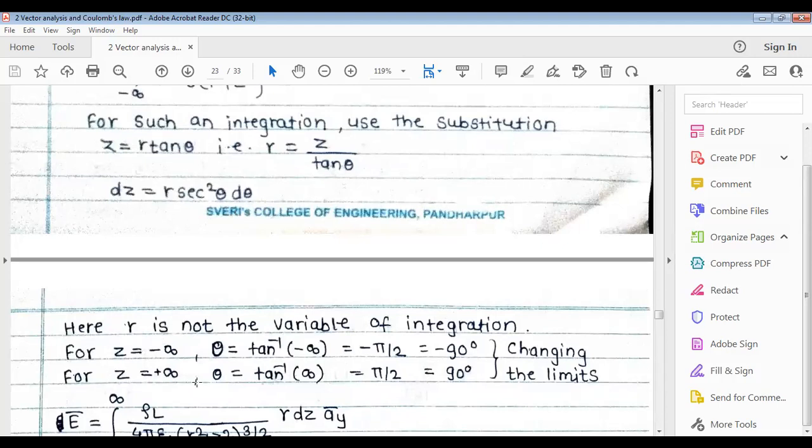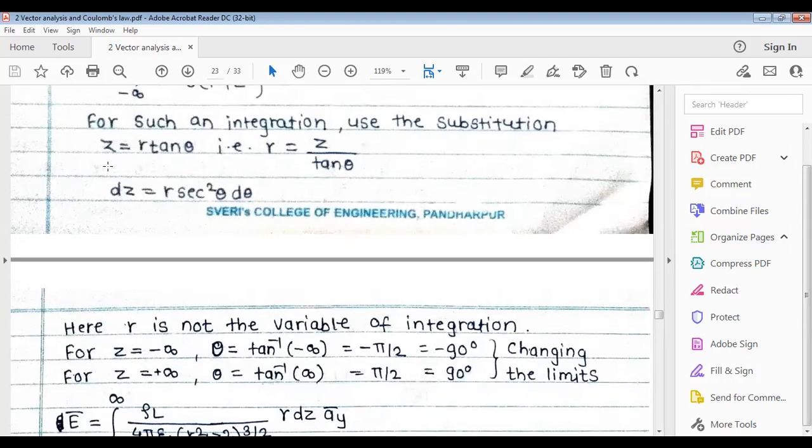Now we are varying this z, means we are varying the length of the line from minus infinity to plus infinity, right? So if we put z is equal to minus infinity, then theta will change, because tan theta is equal to z divided by r, and theta is equal to tan inverse of z divided by r.